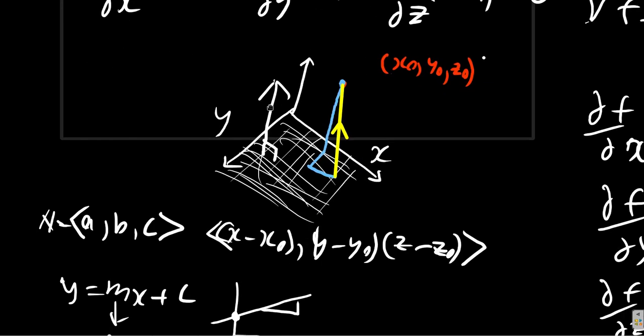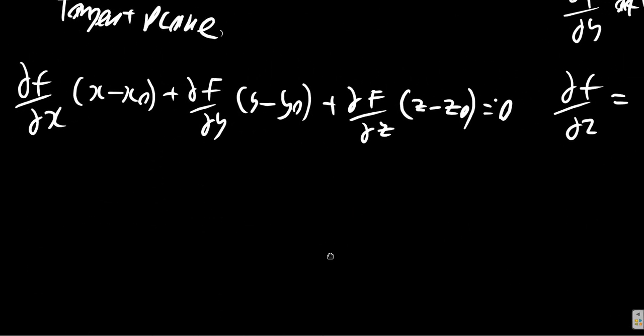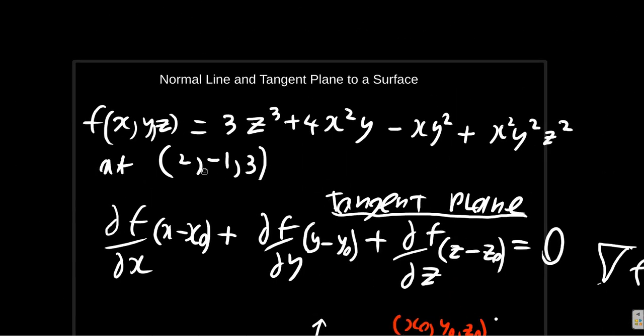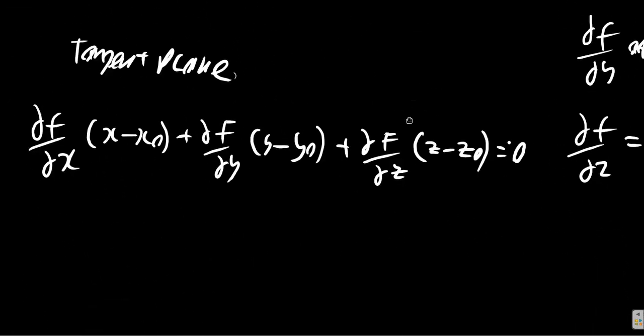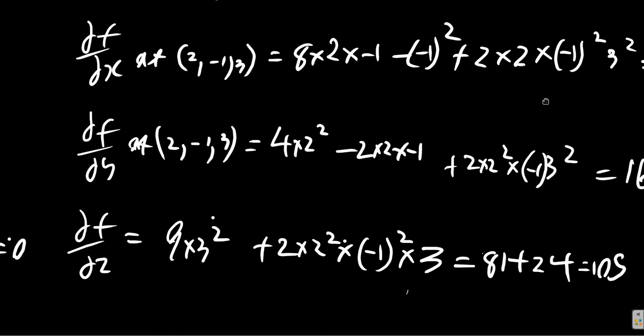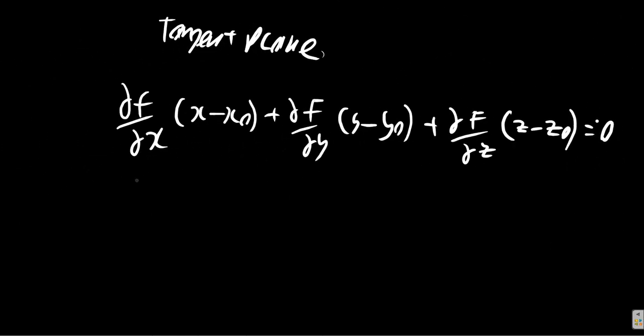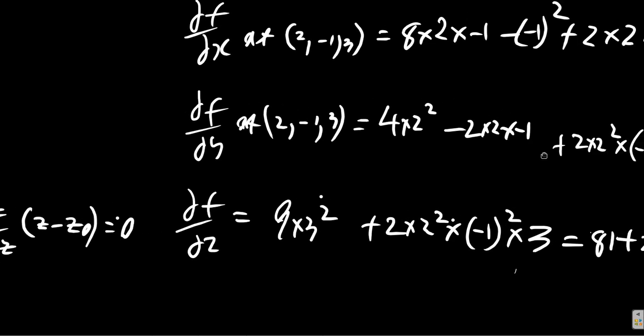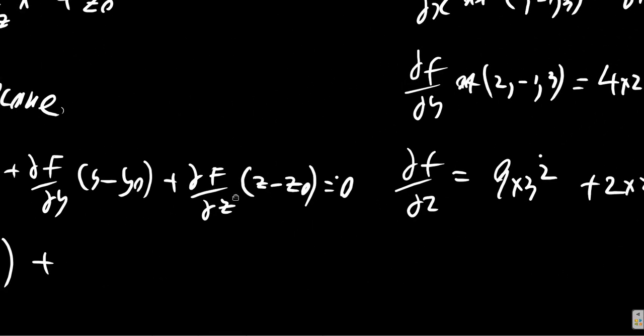Now everything, oh my, it jumps all the way up here. Alright, we're back. Everything here happens at what I had called ground 0. This point, 2, negative 1, 3. So delta f by delta x, it was 19. So we have 19 x minus x naught. We'll put in the x naught, change it later on, plus delta f by delta y was negative 52.